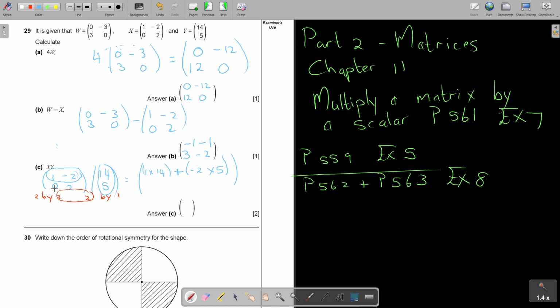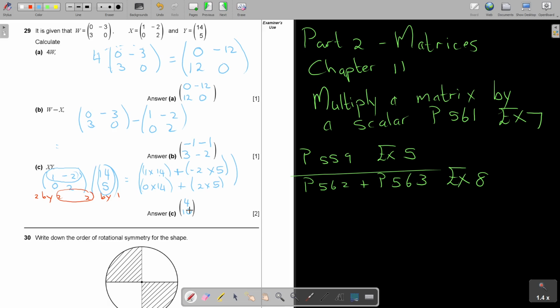And then 0 times 14 plus 2 times 5. And now you can just simplify that. So this is going to be 14 minus 10, and that's just going to be 4. And this is going to be 0 plus 10, and that's going to be 10. Okay, so you basically just simplify.